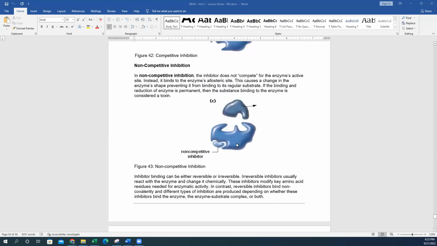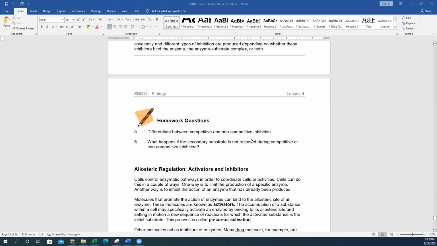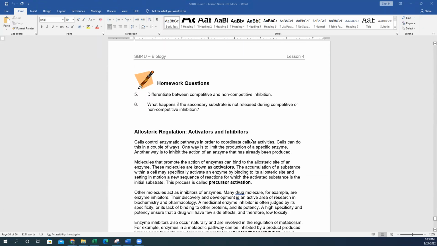So as we discussed, there's that allosteric site, a site that's different than the actual active site. So this means that that allosteric site can be used as a way of regulating the rate of the enzymatic reactions.